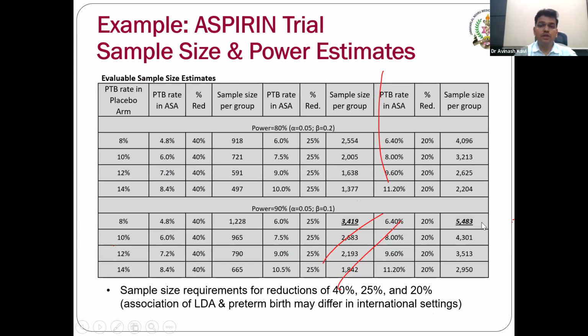So the statistician will give all possible sample sizes depending on your effect size, the percentage reduction that we want, and the actual rate of preterm birth that we have considered. Considering the minimum rate of 8%, what we selected was 5,483.